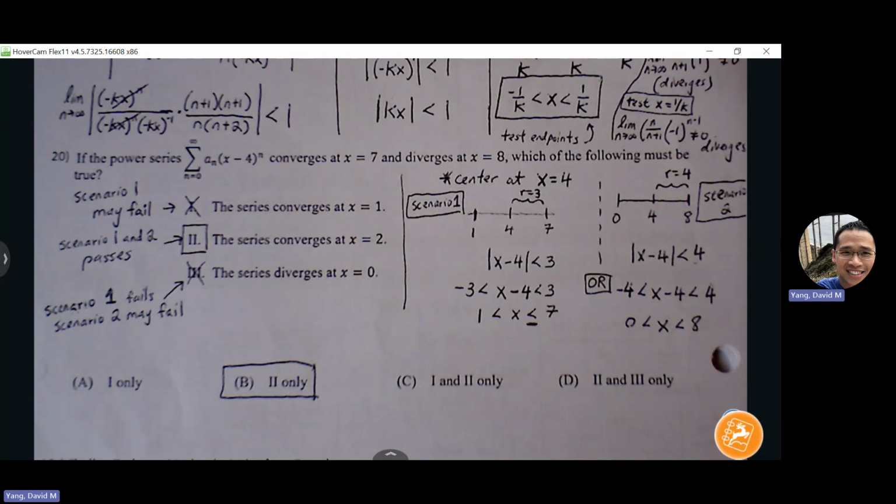But this allows us to see things from a different perspective, because if it diverges at 8, it's possible that the radius is only 3, but also possible that we could extend that radius all the way to 4. So that just gives us some additional data to compare with. Yeah, so I meant to say that this one, scenario 1, passes in terms of that.